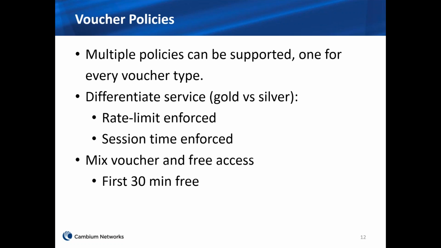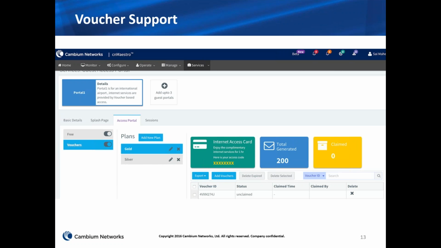So let's take a look at this one. Voucher support. Basically, this is in the service part, and you will be able to create a voucher, and for this voucher you can also get some more details to see what it is for. This is the example we created.